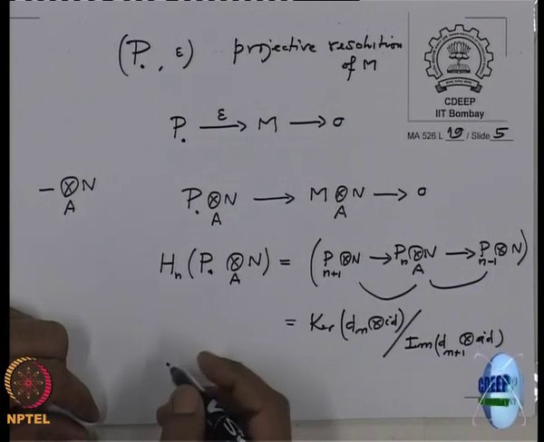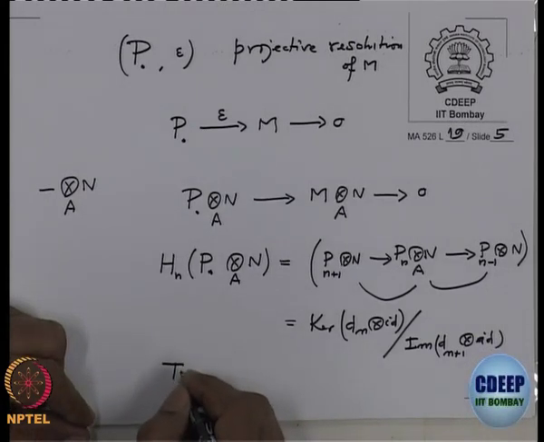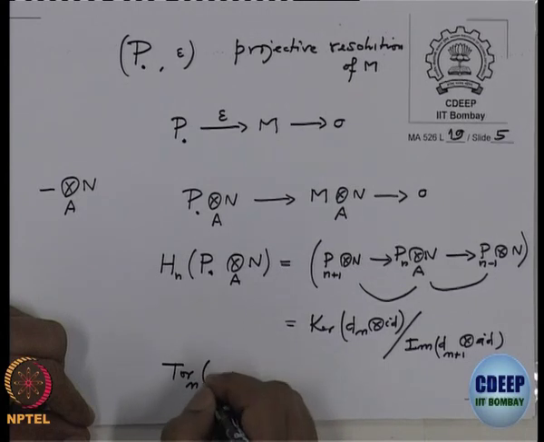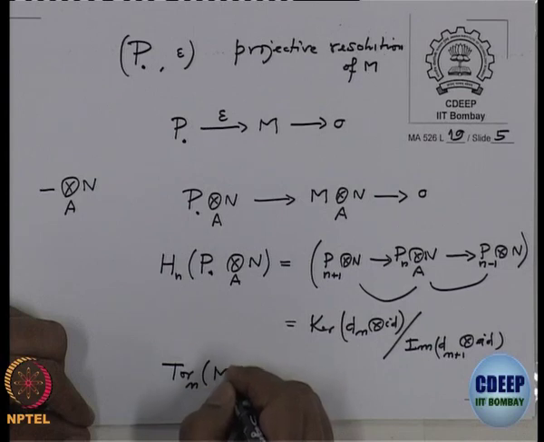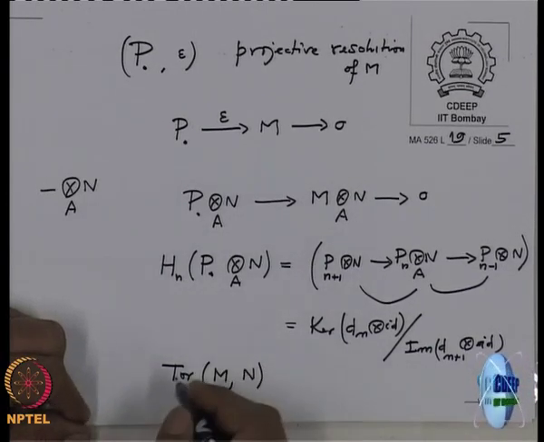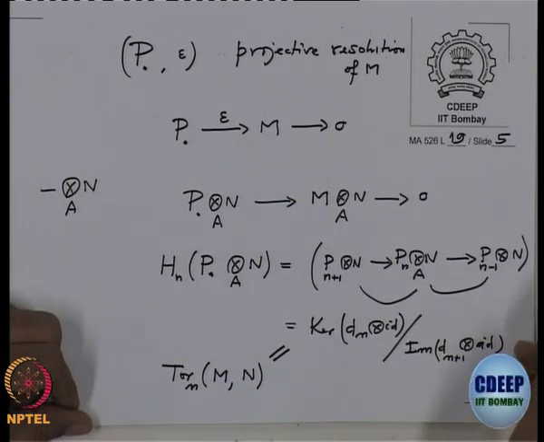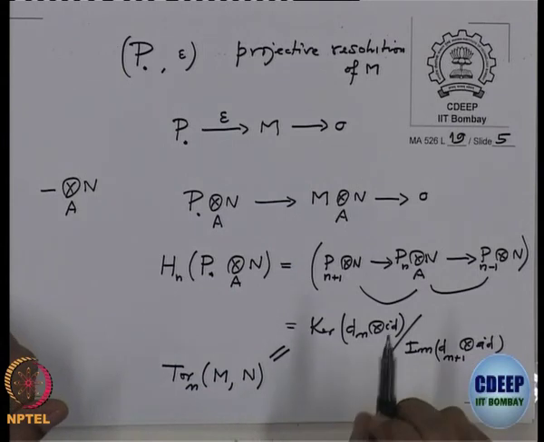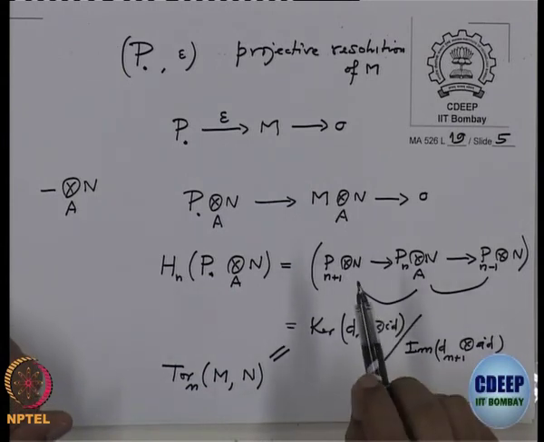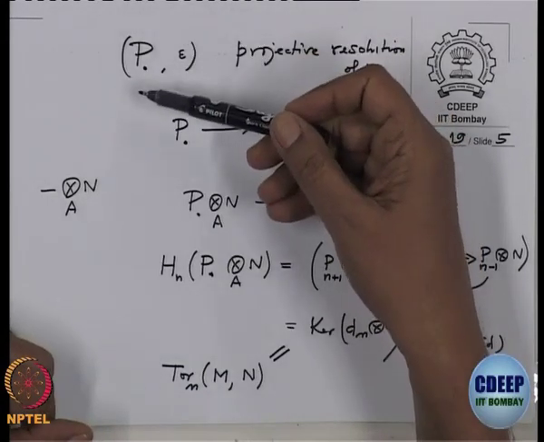This has a special name. This is called Tor n of M, N. This is by definition Tor n of M, N. And now there are several things to check here. Namely, one, somebody may start with a different projective resolution.